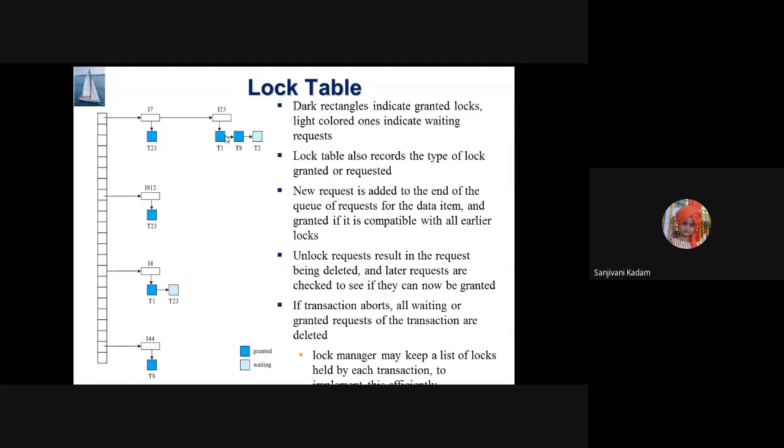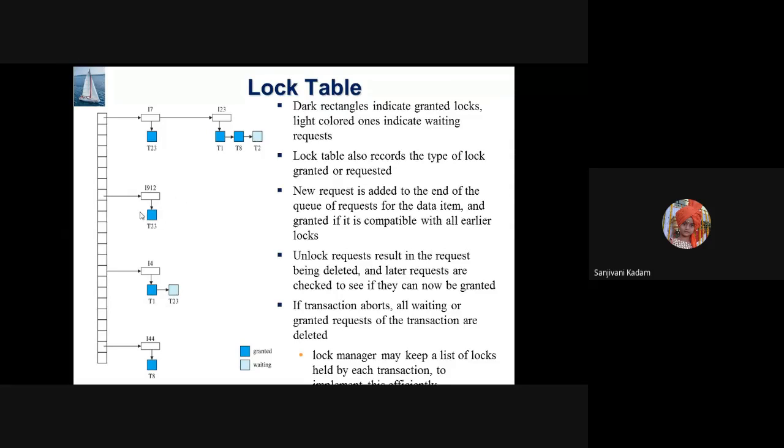That is, whatever lock requests were previously allowed will be removed. Hence T1 is also having a lock on this data item, that will be removed, and hence the request will be granted for T23.